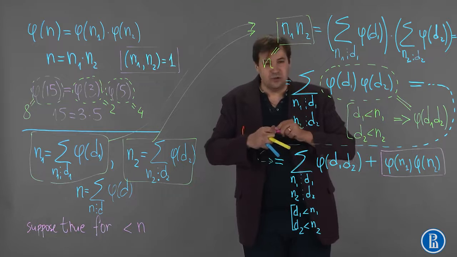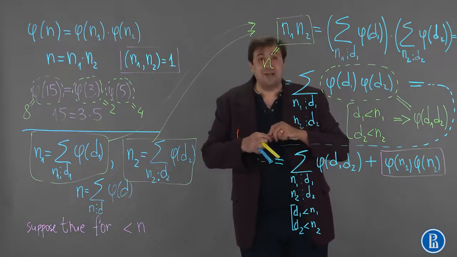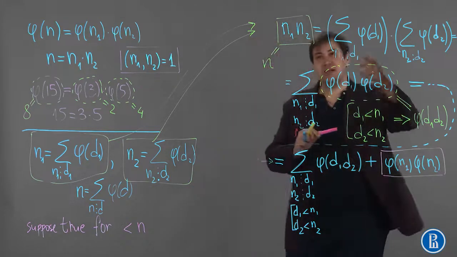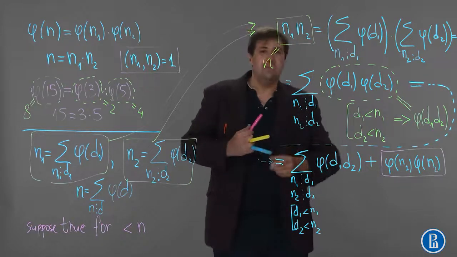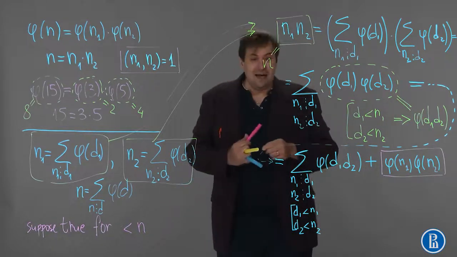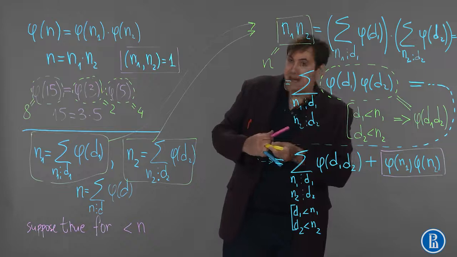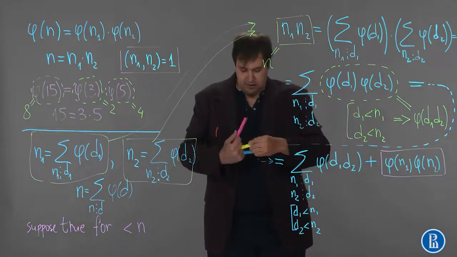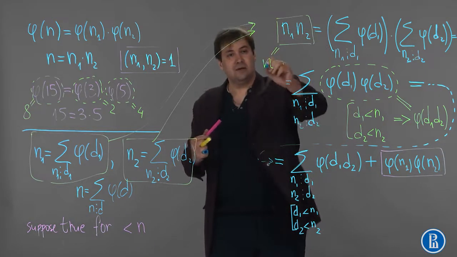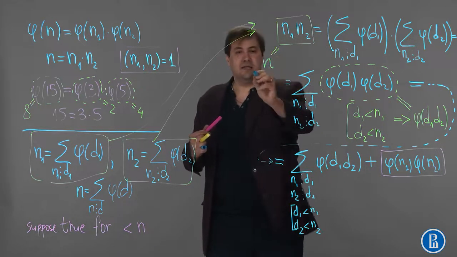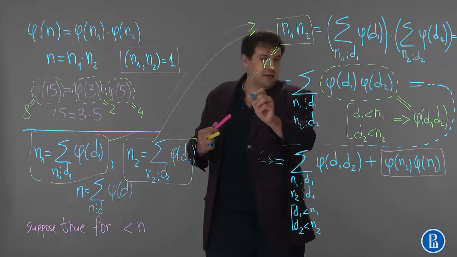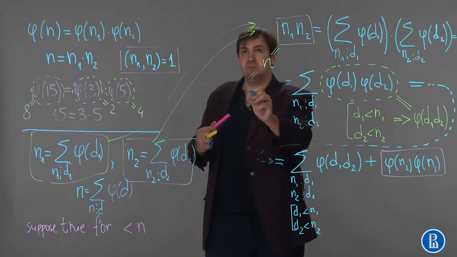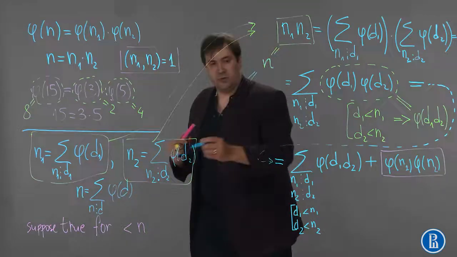So what are we going to do with this now? Well, let's return to the beginning. It all began with n1 multiplied by n2. This is equal to n, and we know that n is equal, let me write it here, n is equal to, well, the same formula.